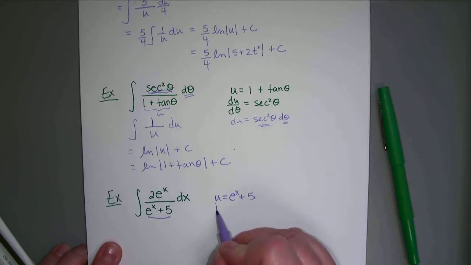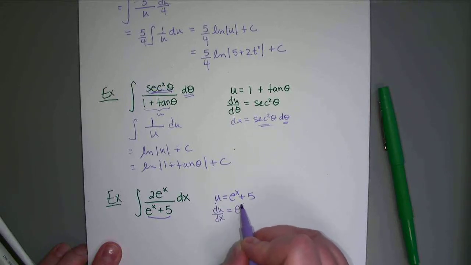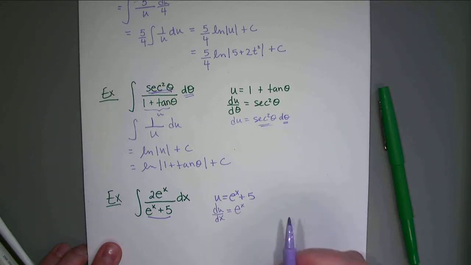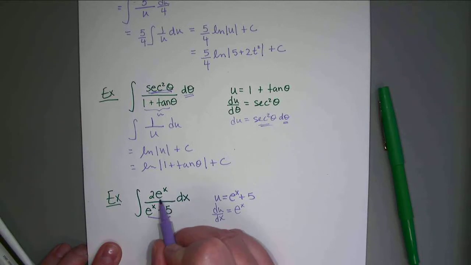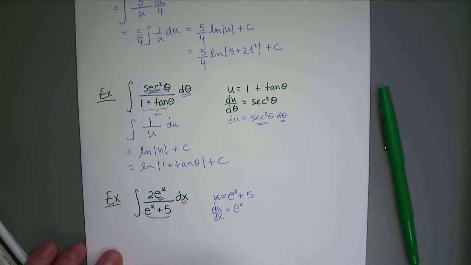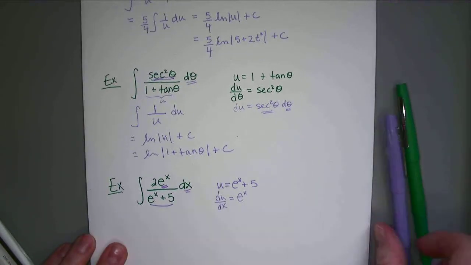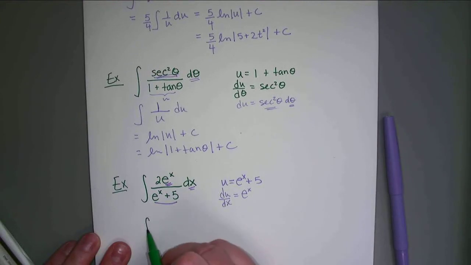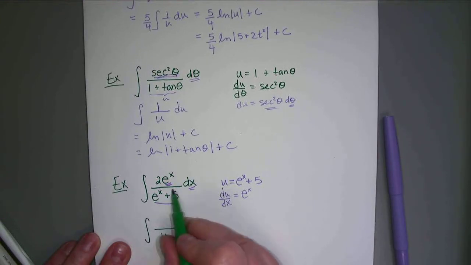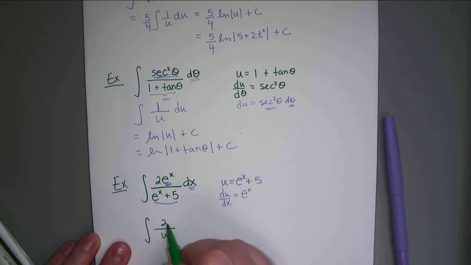The derivative of e to the x is e to the x. Derivative of 5 is 0. So we do have an e to the x and a dx. So write the u first. That's the whole bottom. There's a 2 on top, so we'll rewrite that.